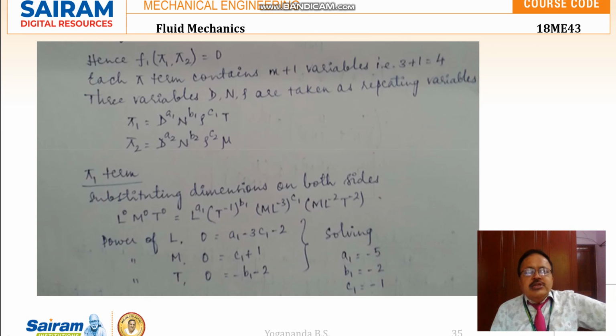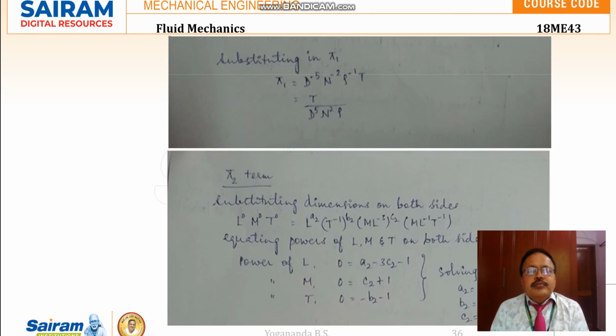Similarly for M and T, solving the equations, we get A1, B1, C1. Substituting A1, B1, C1 in the pi 1 term, we get this equation for pi 1.